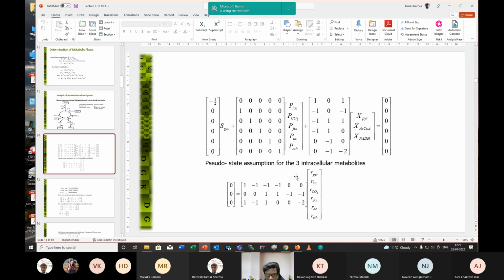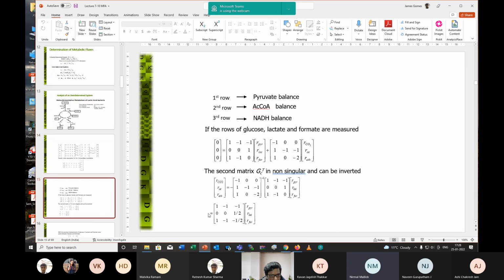Sorry, I made a mistake there. Pyruvate is present in equation 1 and 3, and lactate is being consumed in both 1 and 3. I made a mistake there, but that's what this is. Okay. Clear? Yes, sir.